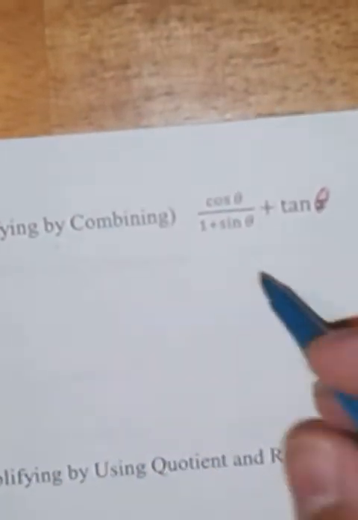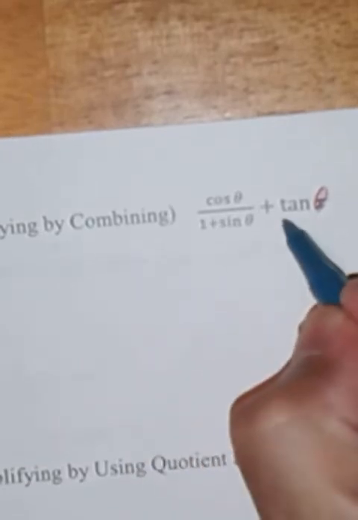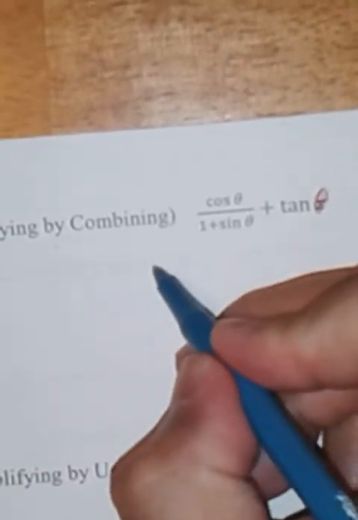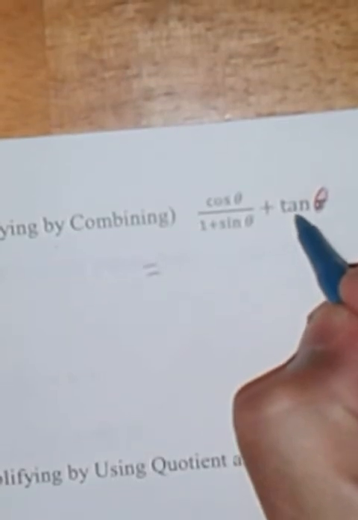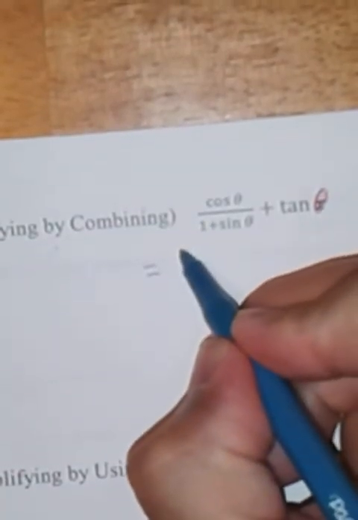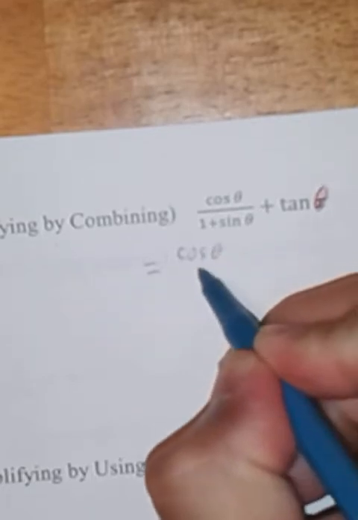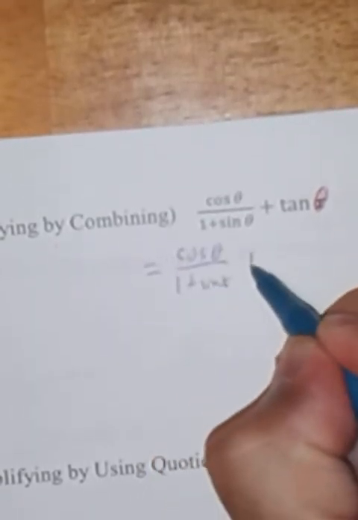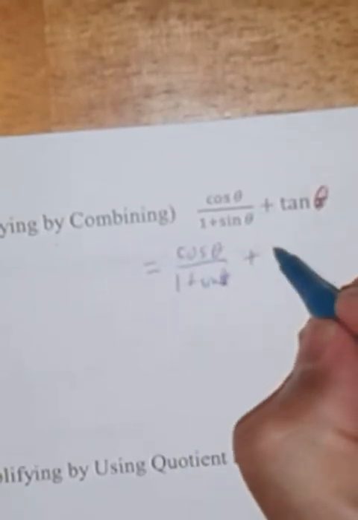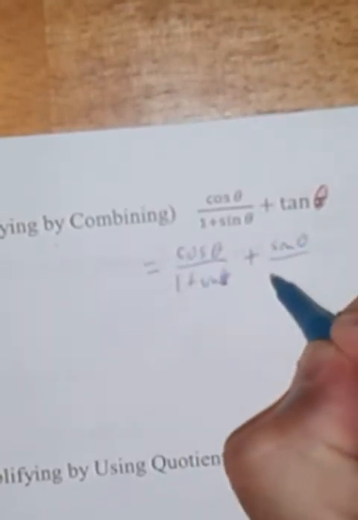So first I'm going to rewrite the tangent theta as sine over cosine. So this will turn into the fraction: the first one stays cosine theta over 1 plus sine theta, plus now the tangent theta will be sine theta over cosine theta.